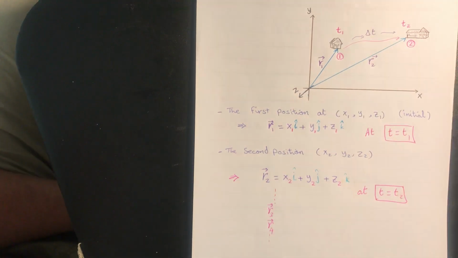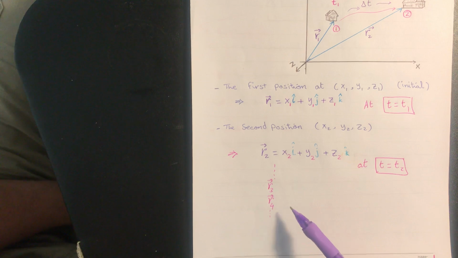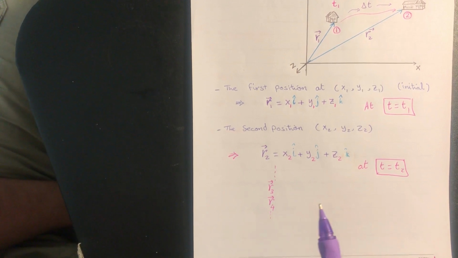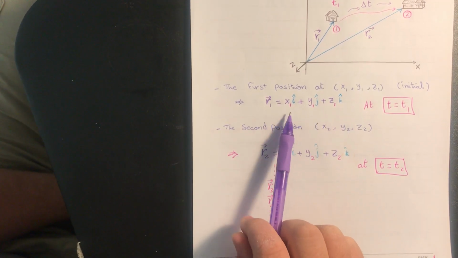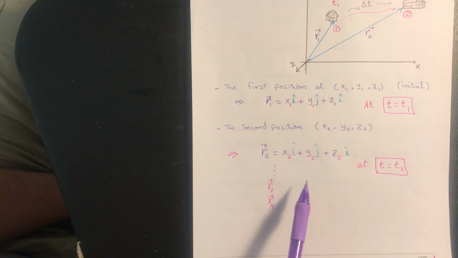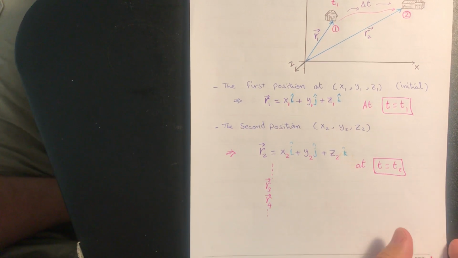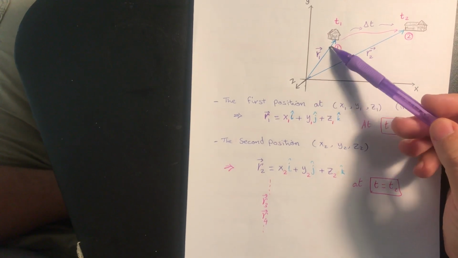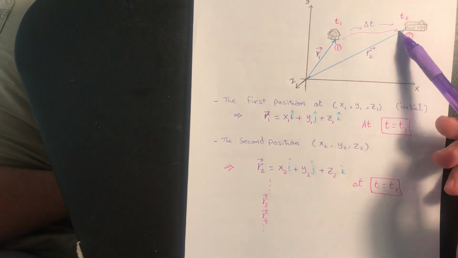Maybe we have a third position, fourth position, and so on, r3, r4. We just need to change the name of the components of each vector: x3, y3, z3, and so on. Is that understood? This is a position vector, and this is another position vector.